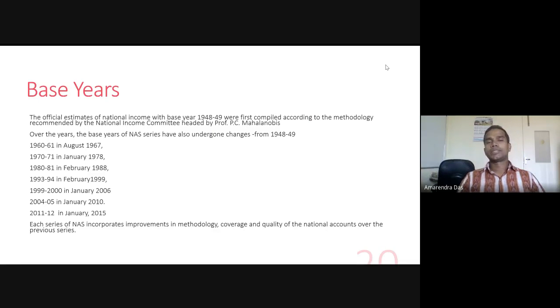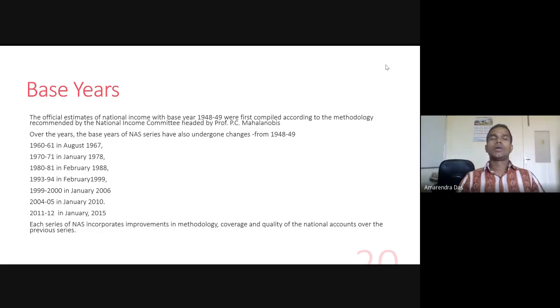Now, for GDP estimation, I told you in the beginning that we use a base year to estimate the real GDP or the GDP at constant price. When we estimated the GDP for the first time after India's independence, PC Mahalanobis headed a committee on national income, and we used the base year 1948-49.